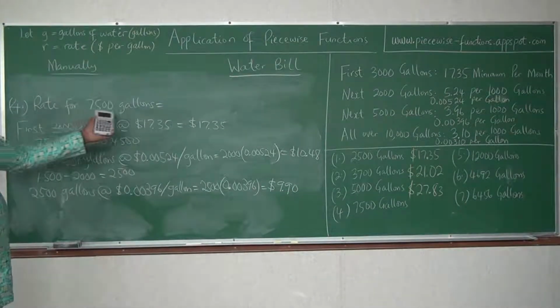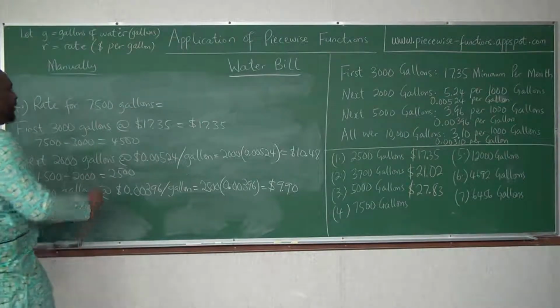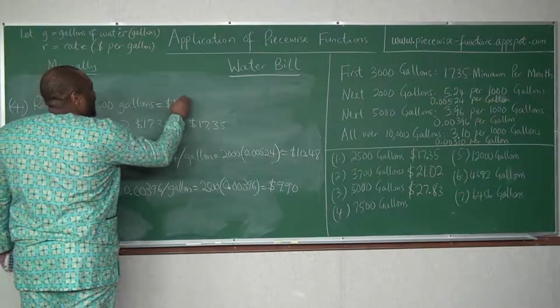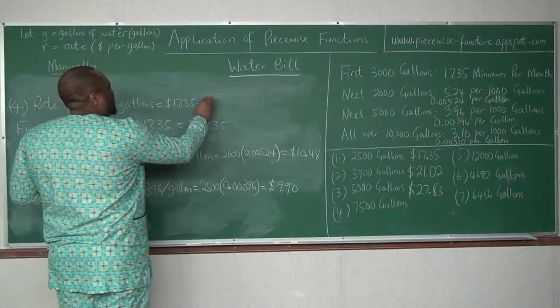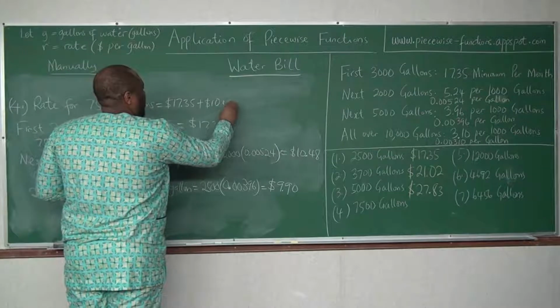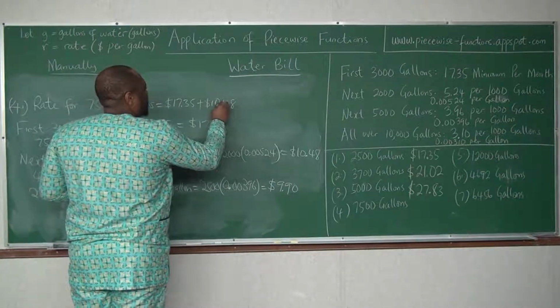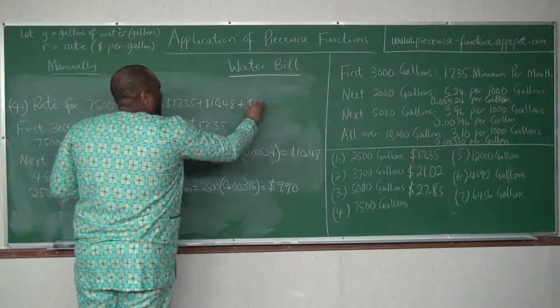So the rate for 7,500 gallons would be $17.35 plus $10.48 plus $9.90.